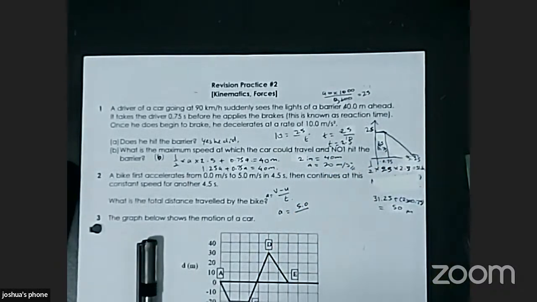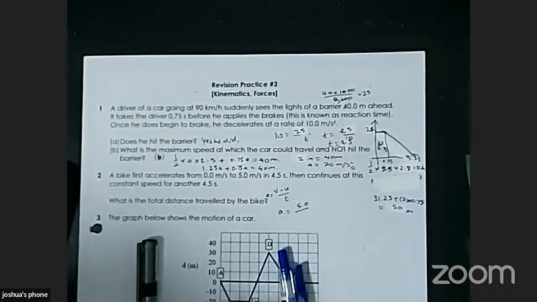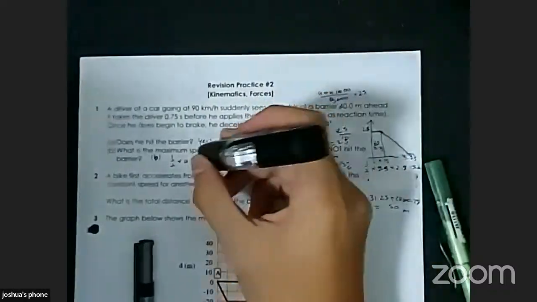You're assuming that the base of the triangle will be 2.5. That is true only because the starting velocity is 25. So instead, you want this to be A divided by 10.